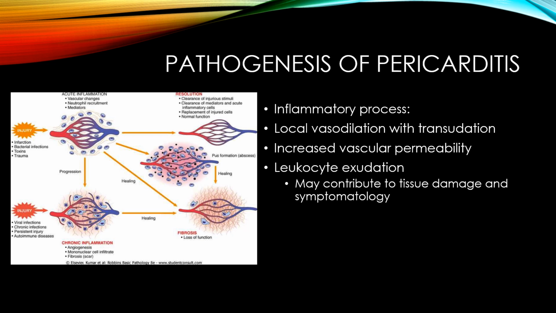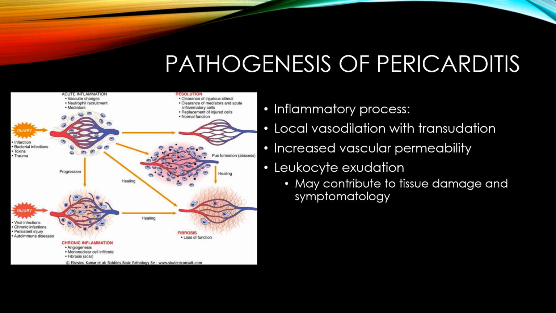So the leukocyte exudation, as it makes its way across this more permeable surface, is sort of a double-edged sword. On one hand, it's necessary to fight and contain the damaging or growing bacterium, and at the same time, it's releasing a lot of mediators of inflammation that are very damaging to tissue as well.